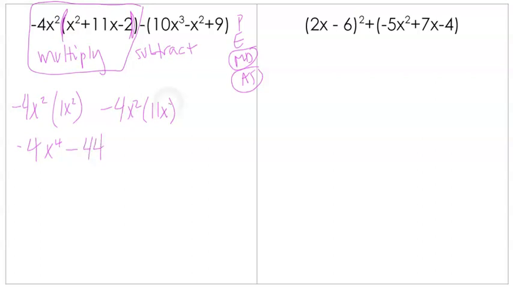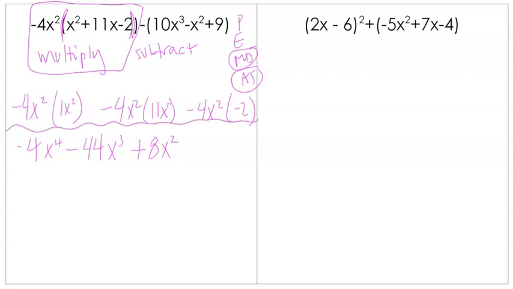X squared times x, which is x to the first power, would be 2 plus 1, x to the third power. And then we're going to do negative 4x squared times negative 2. Negative 4 times negative 2 is positive 8. And then we still have that x squared value.